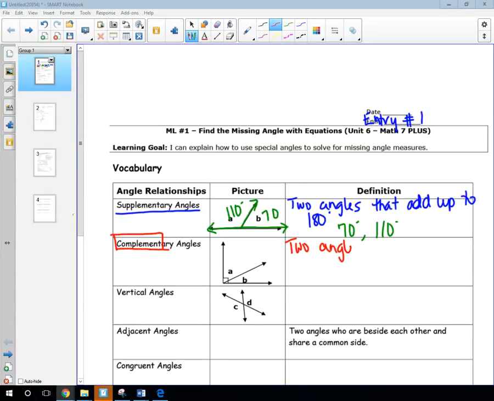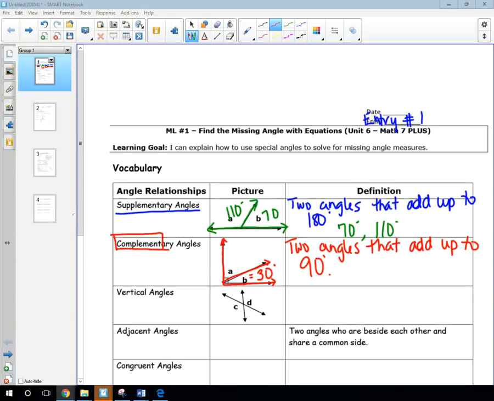Two angles that add up to 90 degrees. So for instance, if I were to tell you that angle B here was 30, and you know that angle A and B are on top of that right angle, you know they're complementary, they add up to a right angle, add up to 90 degrees.